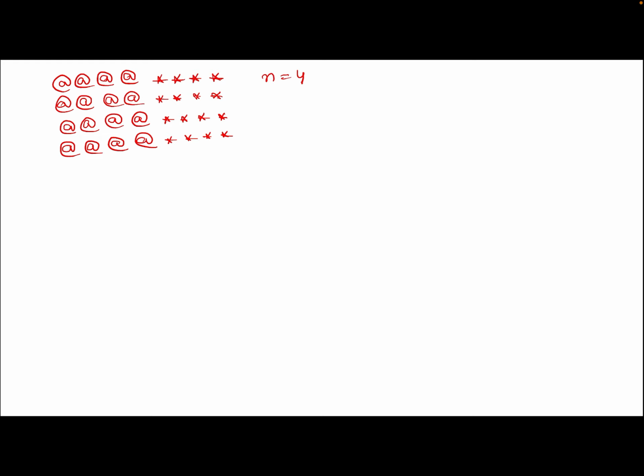So what exactly am I doing here? First, how many rows do I want to print? I want to iterate. Here this variable I am taking is i, the outer loop, and this variable I take as j. So I want to print this single pattern how many times? 4 times.